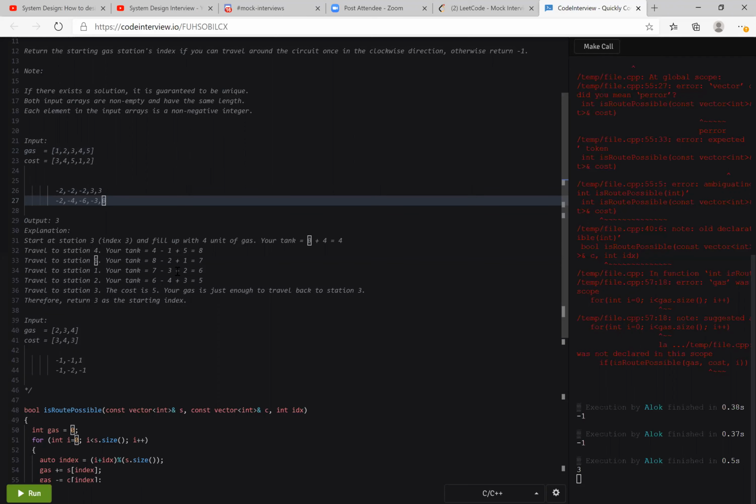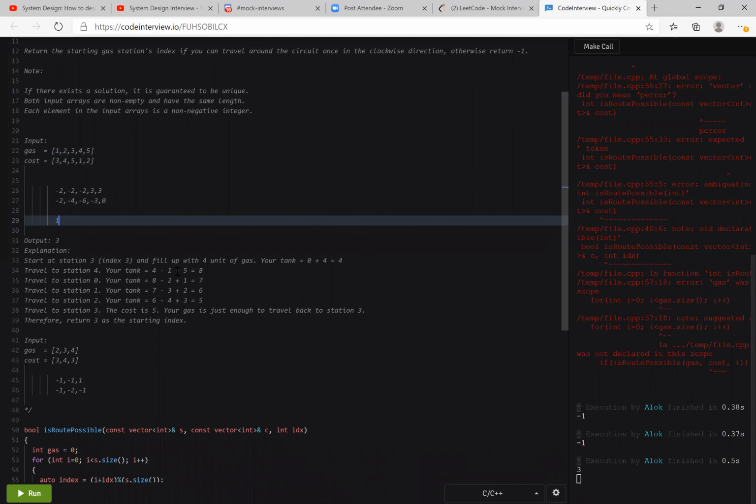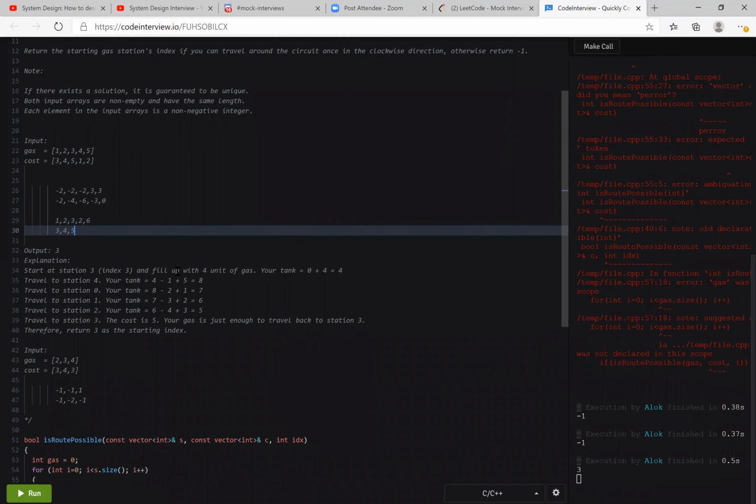If I made the example a little bit different, so that rather than having 4, I want to make it positive, but the other is much higher, it would be better to start from there. Here I have more gas. Both are positive, but I want to say it's better to start here.